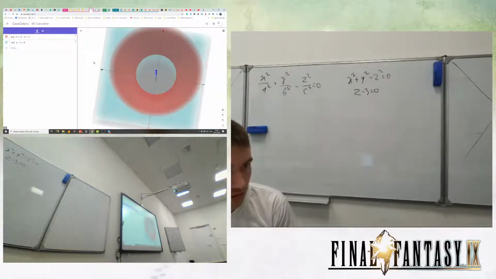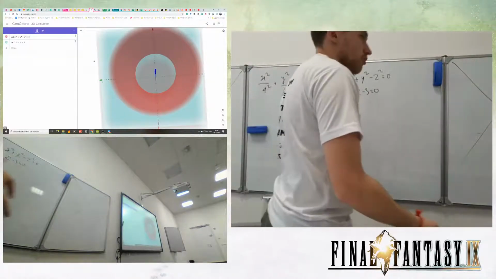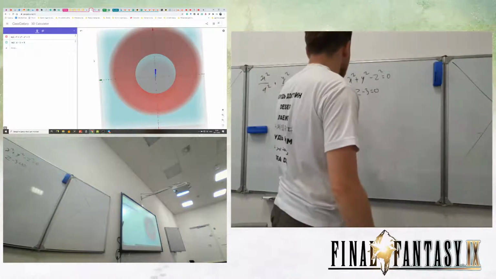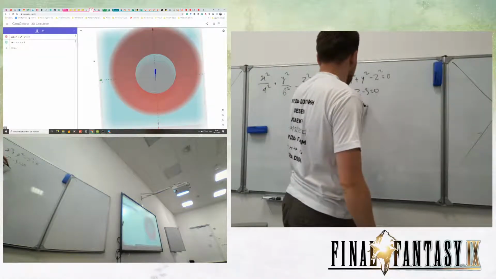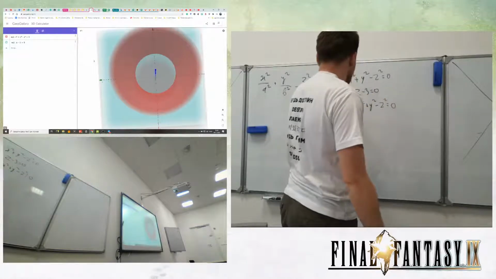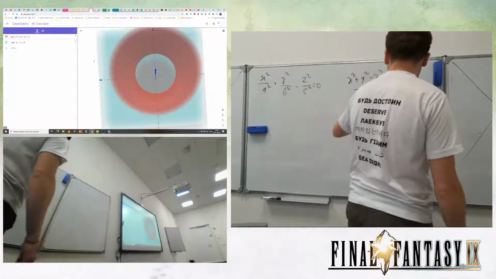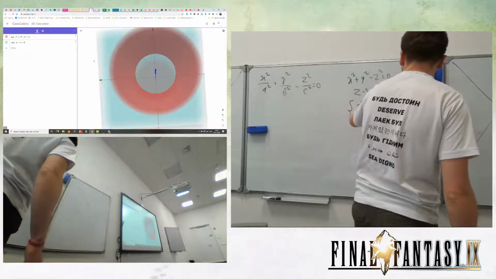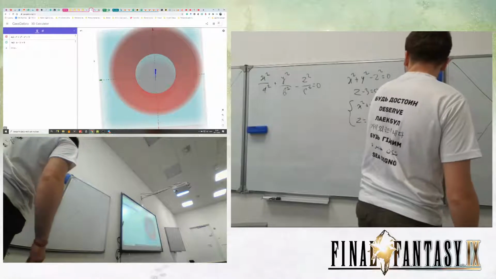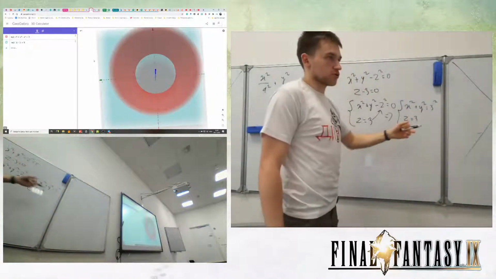Do you agree? So let's solve this system of equations, because according to the definition we need to find the intersection. It seems yes, it works.